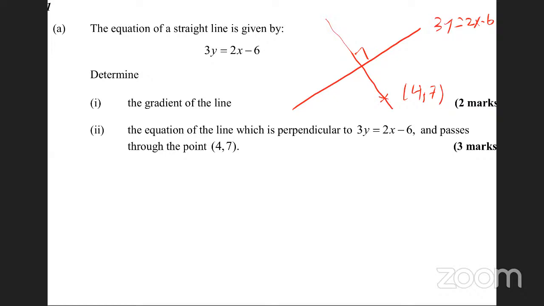So they want the equation of that perpendicular line. The only way you could get the equation of that perpendicular line is if you have a point on the line and its gradient. The gradient of this line was 2 on 3.